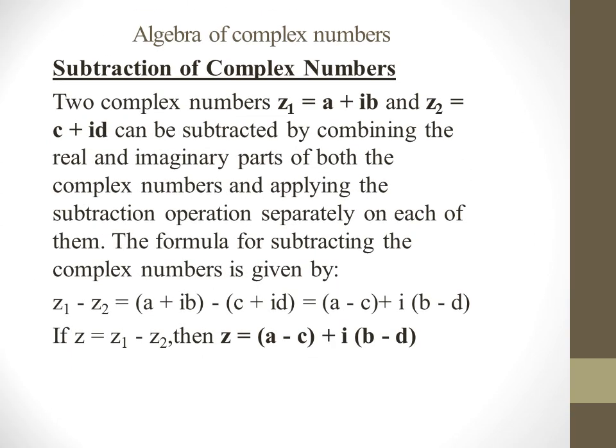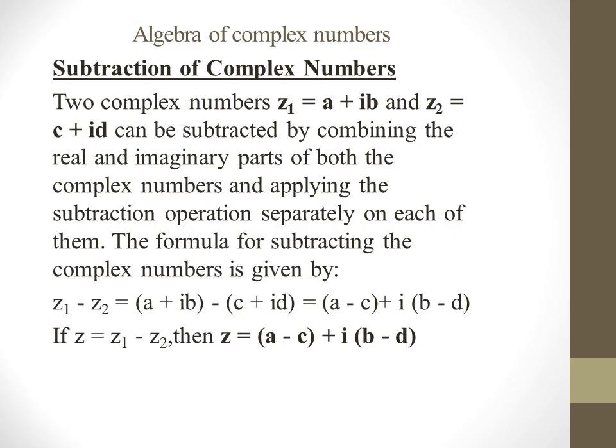After addition, we move to the subtraction of complex numbers. Two complex numbers z1 equal to a plus ib and z2 equal to c plus id can be subtracted by combining the real and imaginary parts of both complex numbers and applying the subtraction operation separately on each.